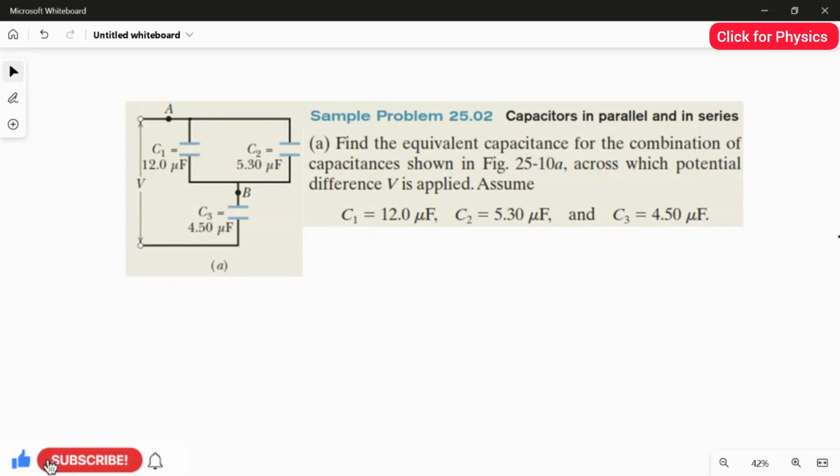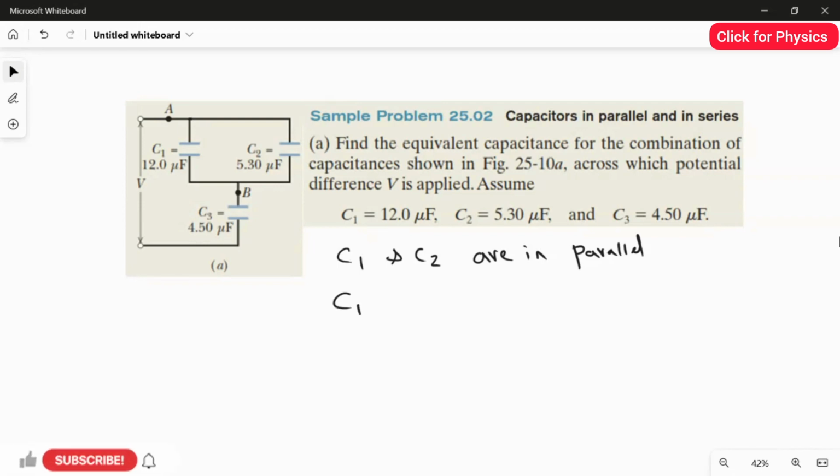So first of all, I'm going to apply the parallel rule for C1 and C2. Here C1 and C2 are in parallel. So what is the rule for parallel? You simply add the capacitors. Here we have only two capacitors, C1 and C2, both in parallel, so I have to add the values of C1 and C2.